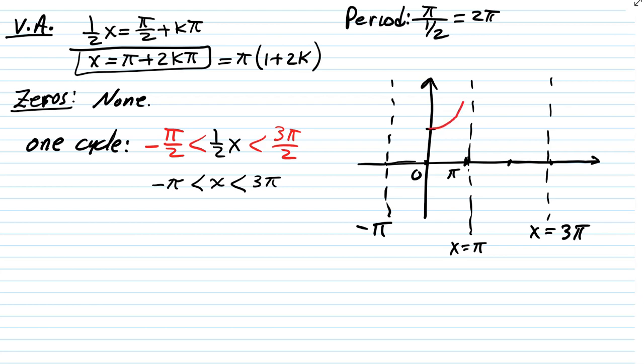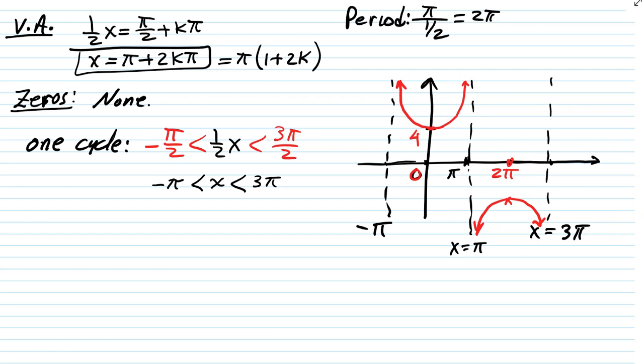Looks like a parabolic graph. And there you have it. So that would be one portion of that graph, and then the other part is going to be right about here. And there I have one complete cycle.